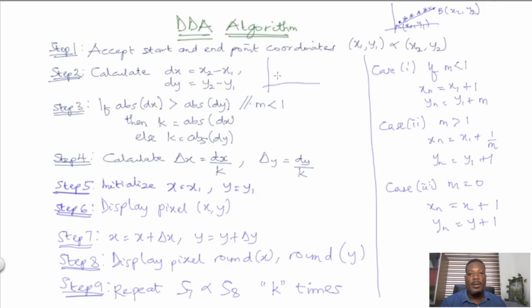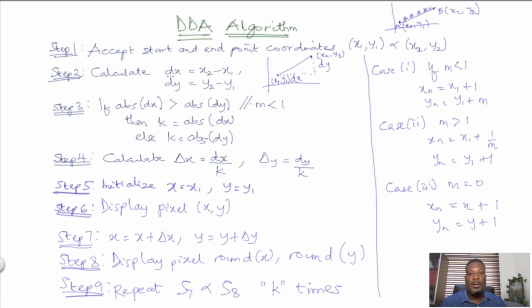So for instance, if we have the first point here and the second point here, this will be our dx and this will be our dy.